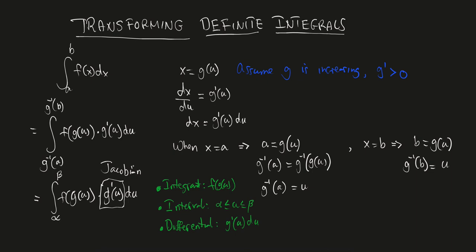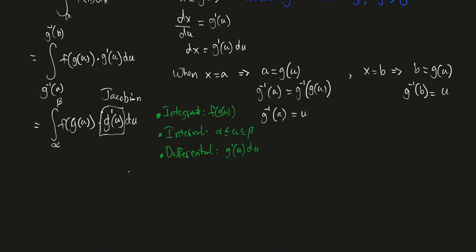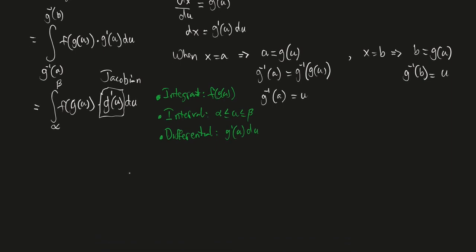He did it back in the mid 1800s, the mid 19th century. And this word Jacobian is going to come up quite a bit when we get to looking at how this process is going to take shape for double and triple integrals. So our goal is to be able to apply something similar to double and triple integrals.